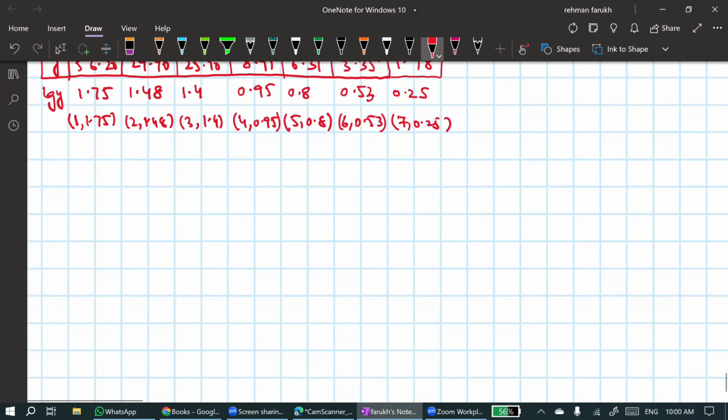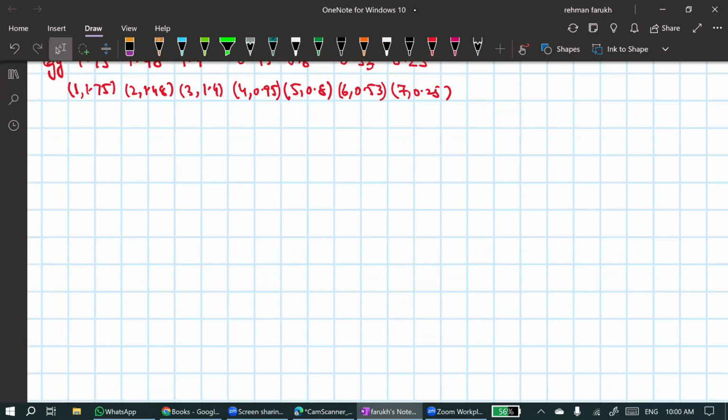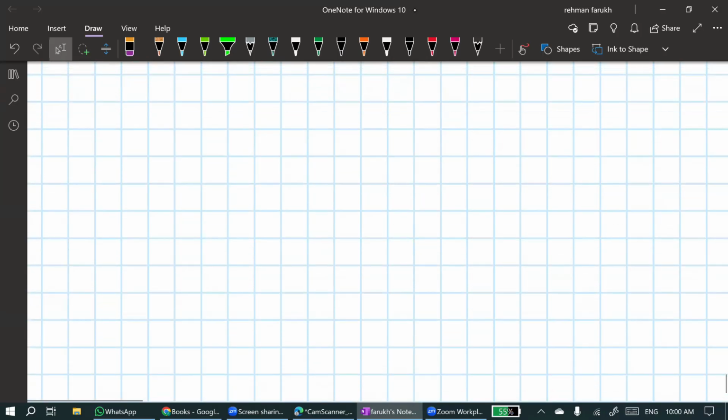Now the values of X are from 1 till 7. The smallest value of LGY is 0.25 and the largest value is 1.75.